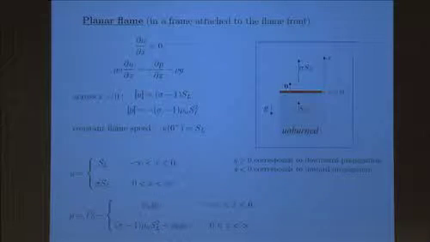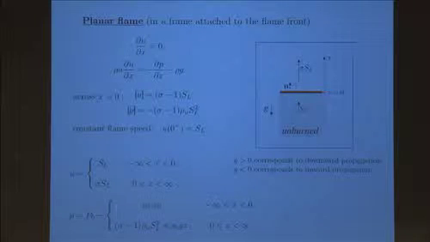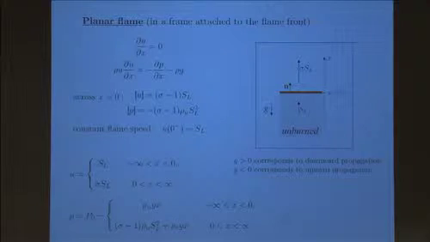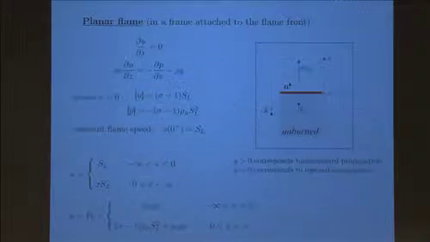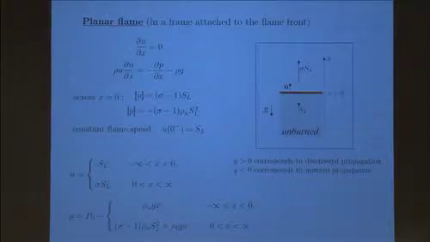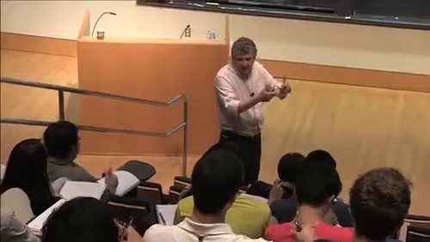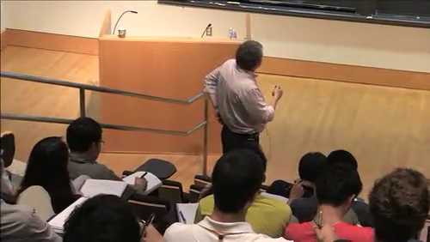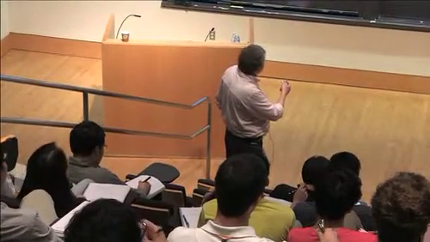But at the flame, x equal to 0, the pressure is, I'm sorry, not continuous, but it has the drop that you expect. What I really meant to say is that the hydrostatic effect at the flame is the same, so to speak. It's nothing. Okay, so this is the first case to examine.